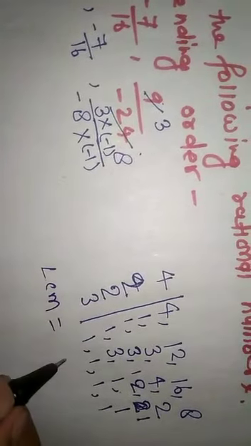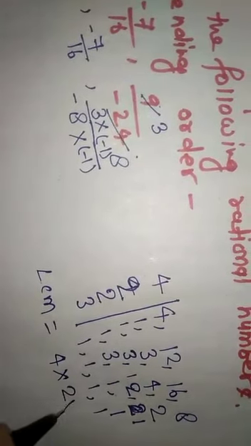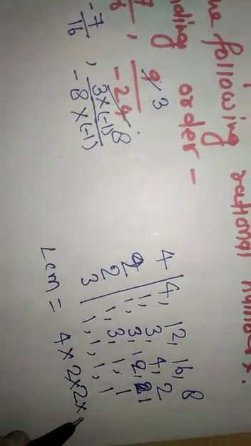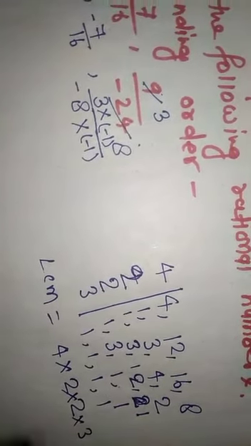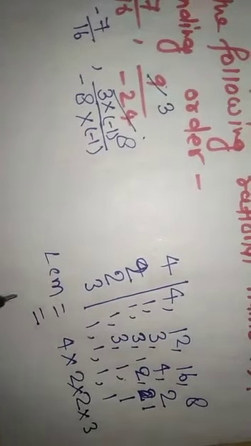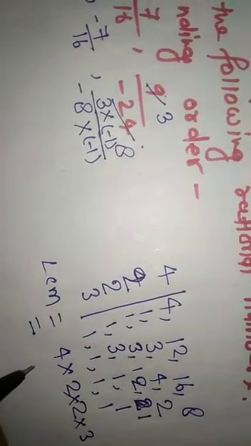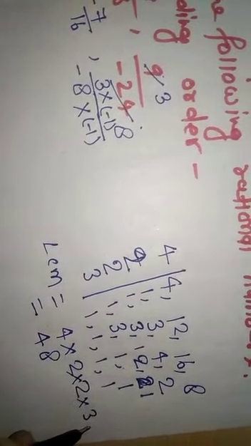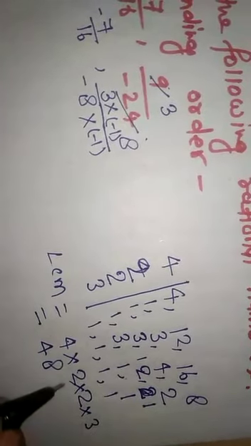LCM is equal to 4 multiplied by 2, by 2, by 3. What do you get? 4 times 2 is 8, 8 times 2 is 16, 16 times 3 is 48. This is your LCM.